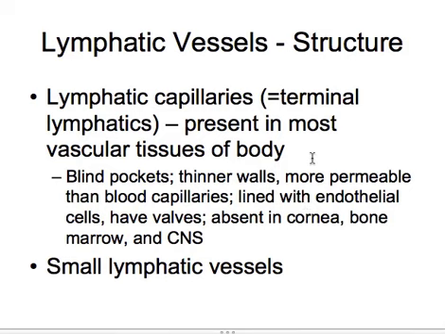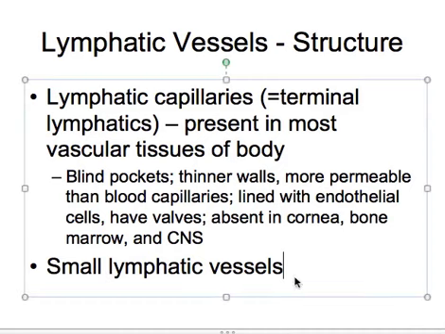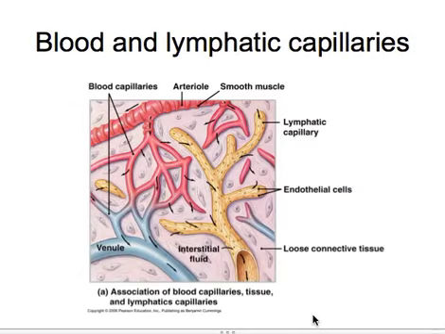They're present in most vascular tissues of the body, and they're actually blind pockets. They have thinner walls. They're more permeable than blood capillaries. They're lined with endothelial cells. They have valves, and you don't find them in the cornea, the bone marrow, and the CNS, but they're in all other tissues. And then slightly bigger vessels are called the small lymphatic vessels.